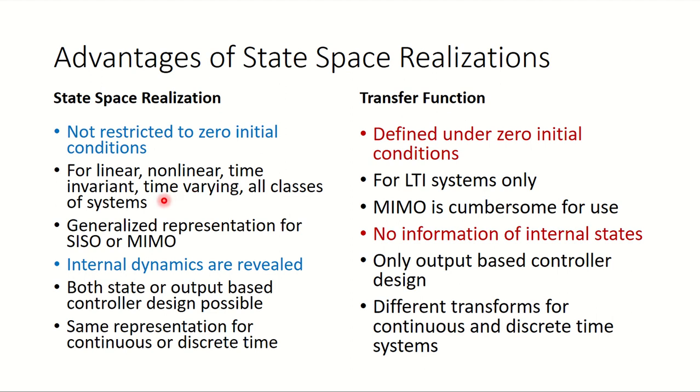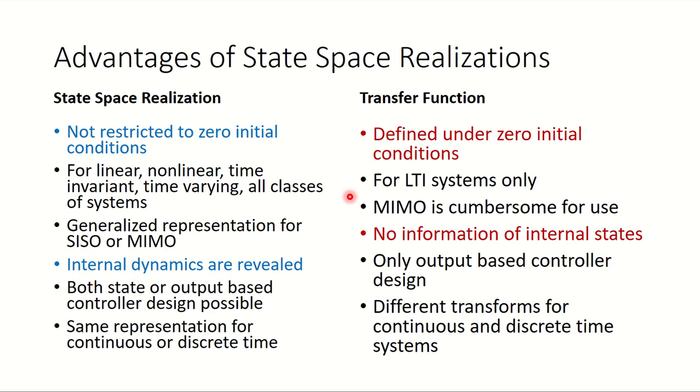I guess I have overlooked this, and this point will be very evident: it is a time domain approach, whereas transfer function is a frequency domain approach. In transfer function, we need to transform the system, which is basically a time domain thing. The system evolves with respect to time, correct?